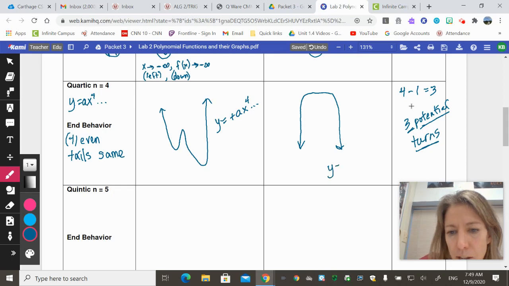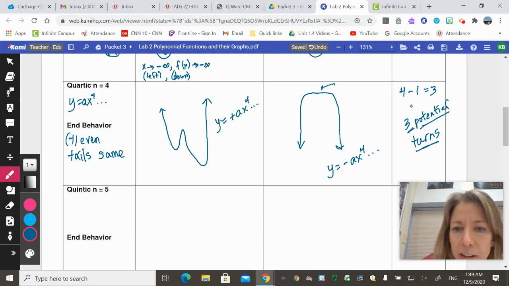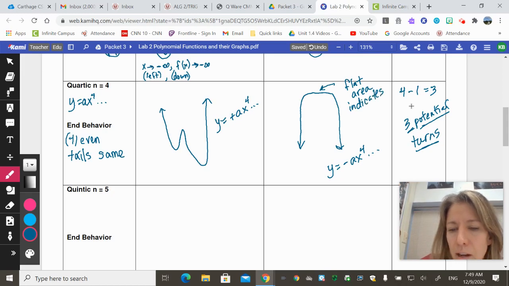So I just wanted to show you this possible graph so you know that a quartic doesn't have to have 3 turns. 3 potential turns. So this flat area indicates the degree is higher than turns plus 1.